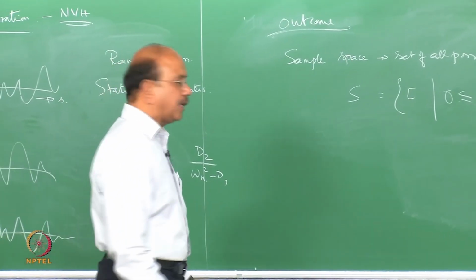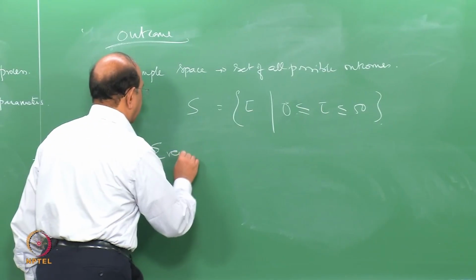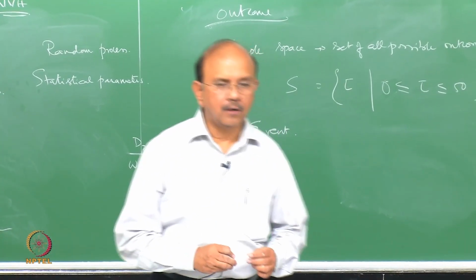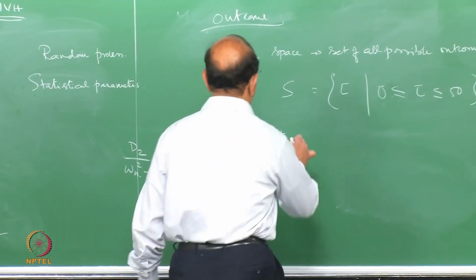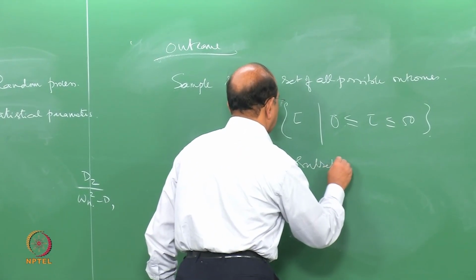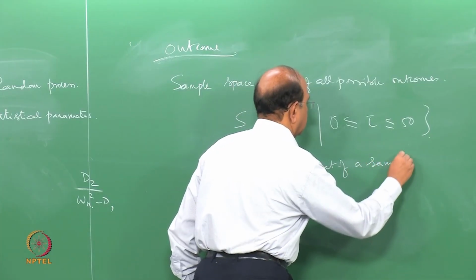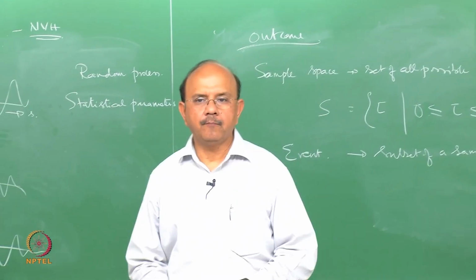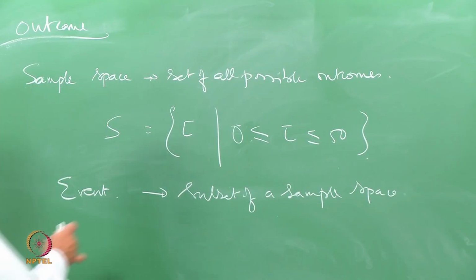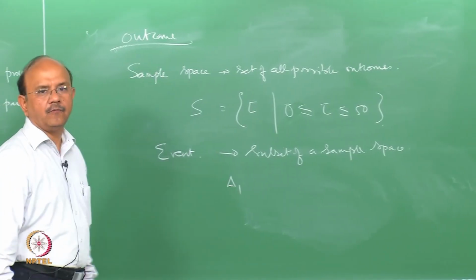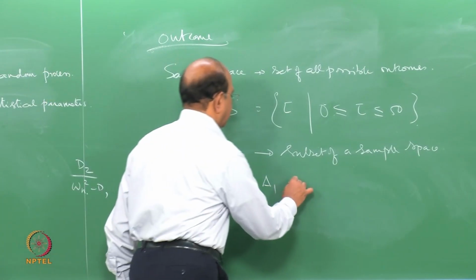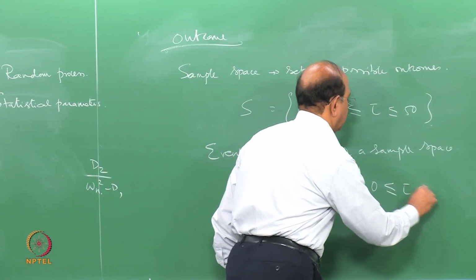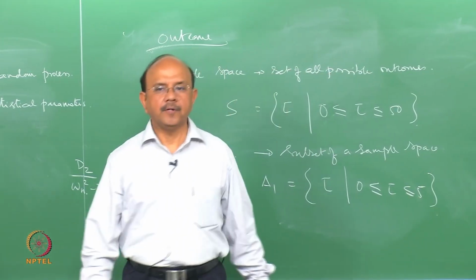We call an event a subset of the sample space. An event is a subset of the sample space. For example, I can say that A1 is an event where A1 covers tau less than or equal to 5 minutes.